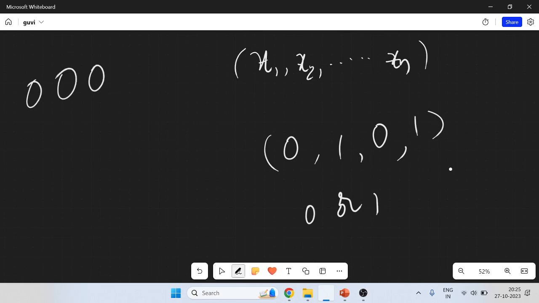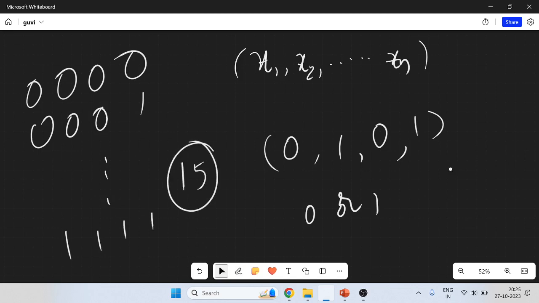Starting from 0 0 0 0, you can have 15 different combinations of outputs, the various permutations and combinations you can generate with the constraints that the tuple size is 4 and the allowed numbers are 0 and 1. At those times, the number of permissible answers is 15.